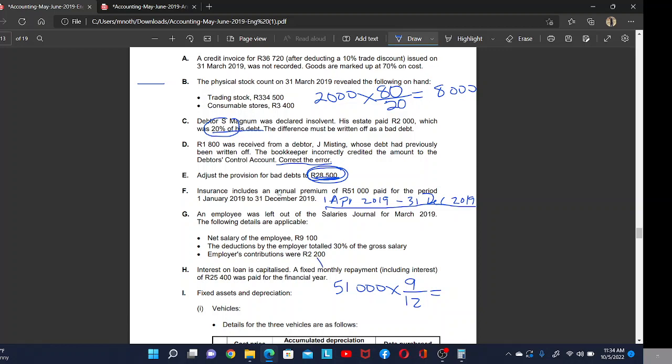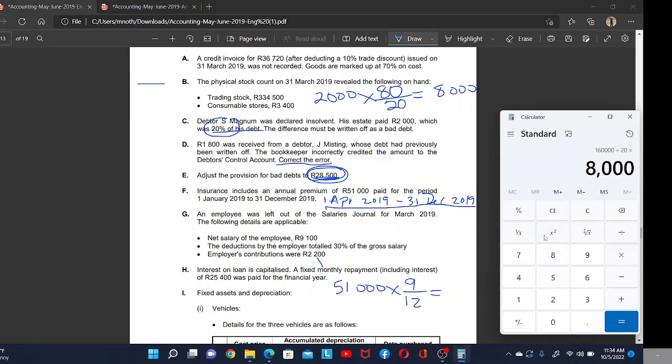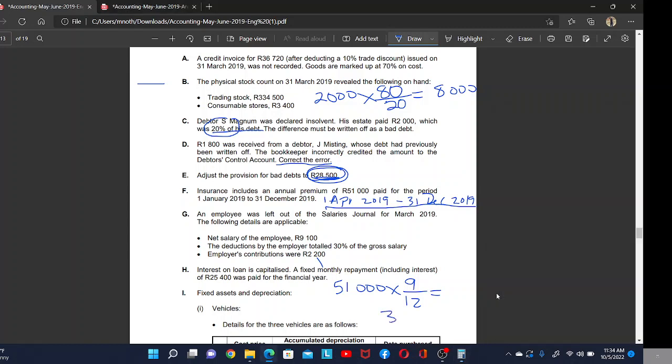So 51,000 times 9 divided by 12 is 38,250, which is the prepaid expense.